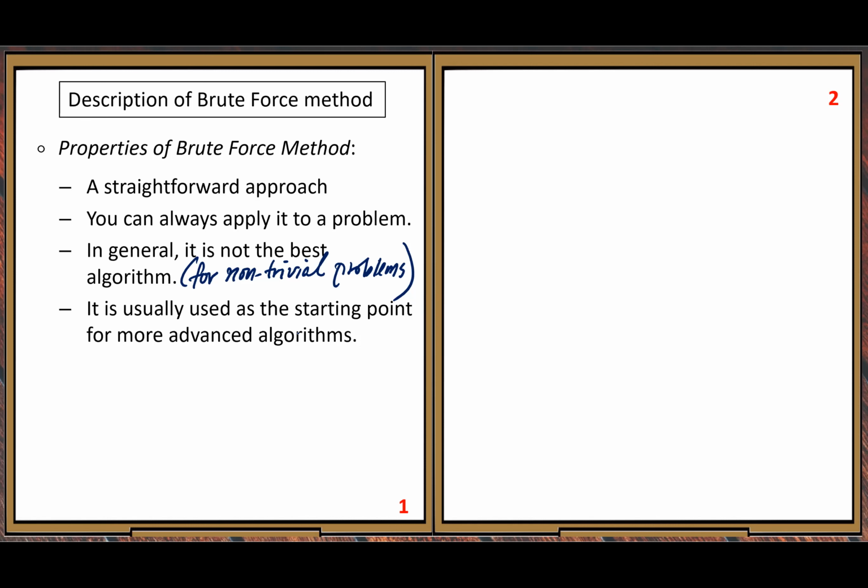Then, in order to get started, some experienced problem solvers like to start with this brute force method. We just want to find the solution first. This procedure can help us understand the problem a little better.